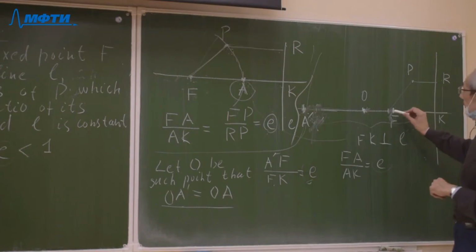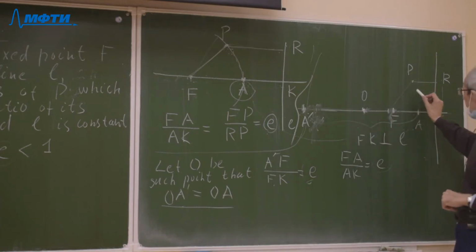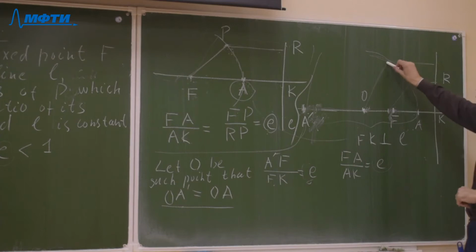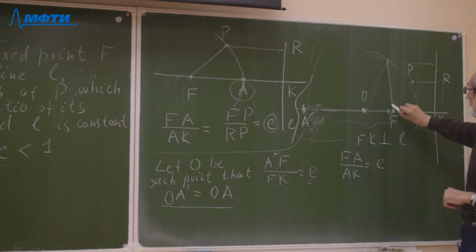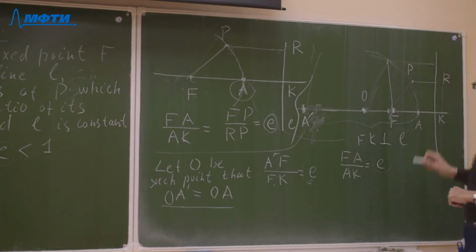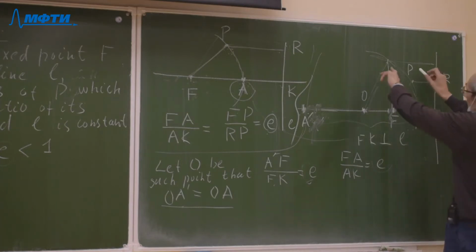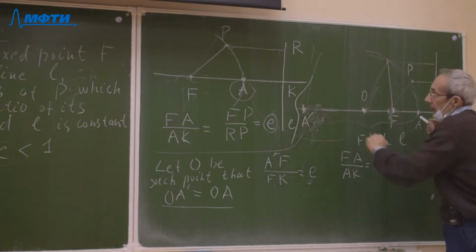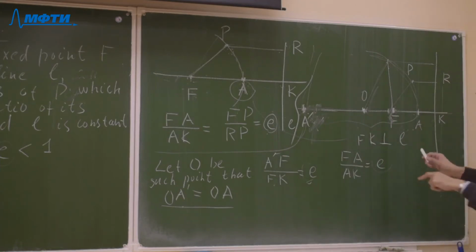It is easy to see, if point P moves on our straight line such that this ratio of the distance to the focus and to the straight line is constant, that these 2 points are the extremal points of our curve.